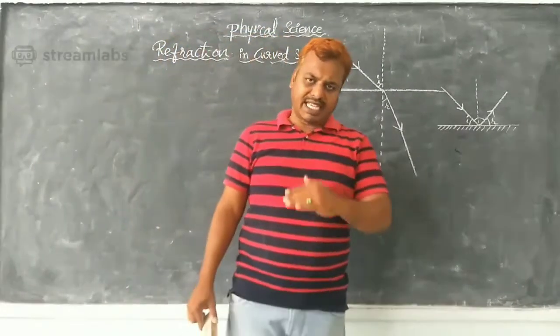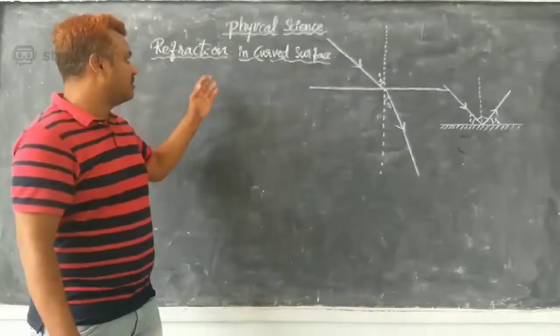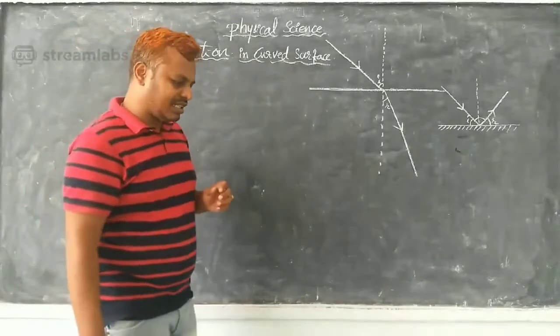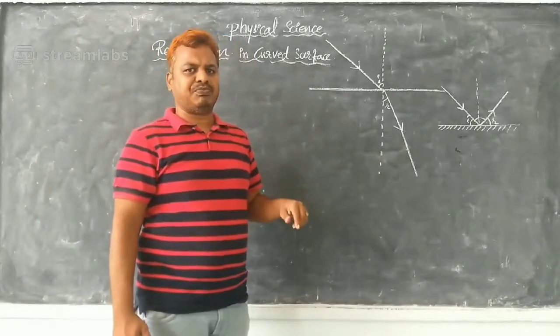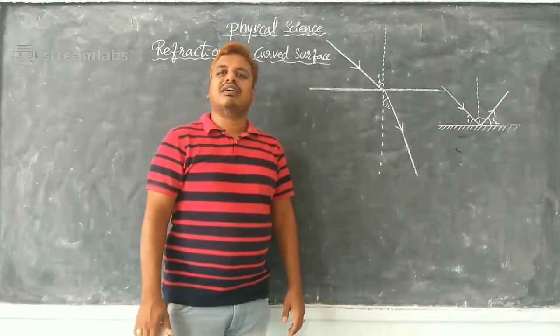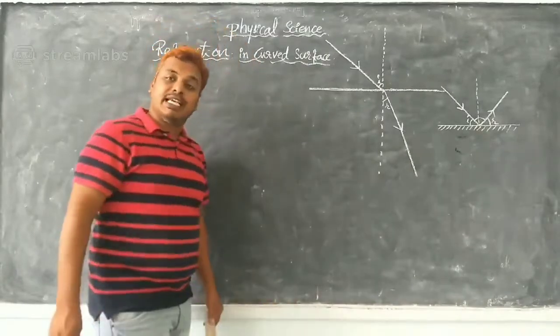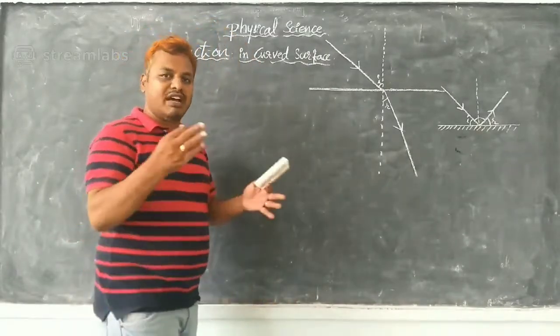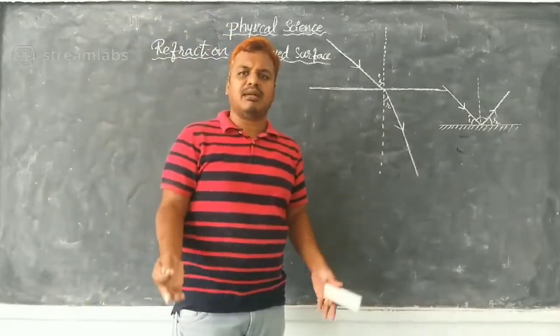Now we come to the second process of light, that is refraction. Refraction is when a light ray falls on a surface. Usually a light ray travels in vacuum, that is, in space where we don't have any medium like an air medium or glass or some other medium.